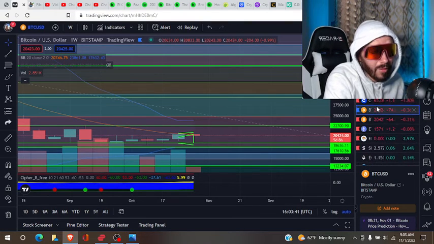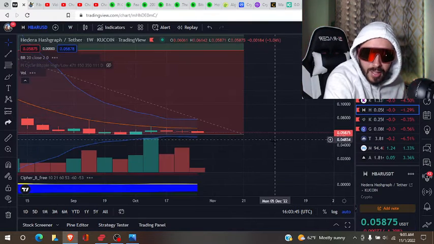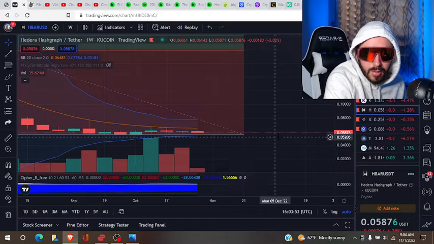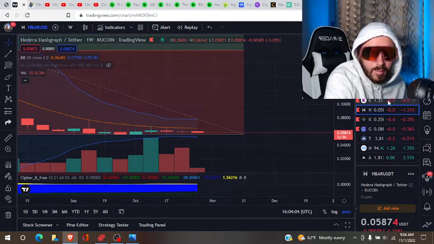Another thing you could do if you don't want to get out of the market, you could get into something like Kadena, because if we do go down, it's not going to move as far down as the other ones. So HBAR, you're looking at what, from 0.58 cents to 0.52 cents, the bottom of the Bollinger Band. Same thing with Kadena.